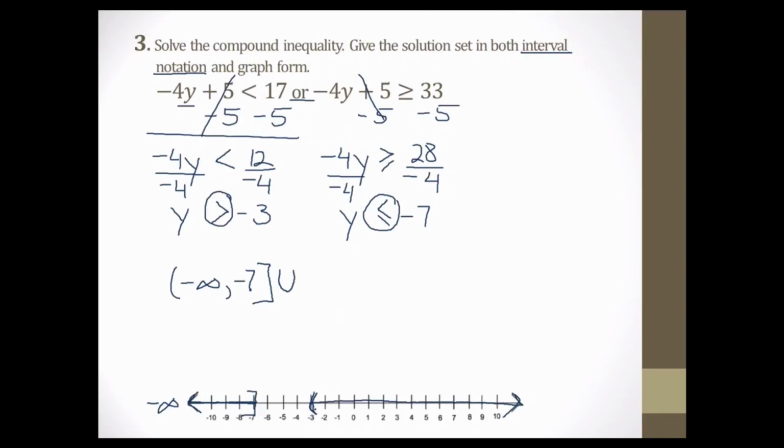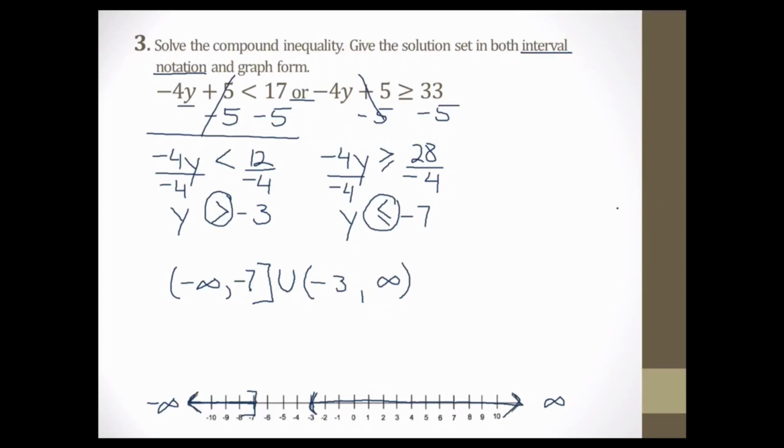And then the shading starts again at -3, and in this case I have a parenthesis because of the sign, and then the shading ends at +infinity, and again +infinity gets a parenthesis. So this is my solution written in interval notation and also in graph form.